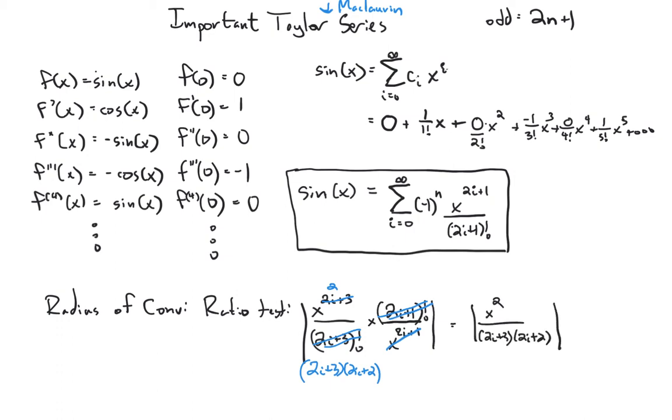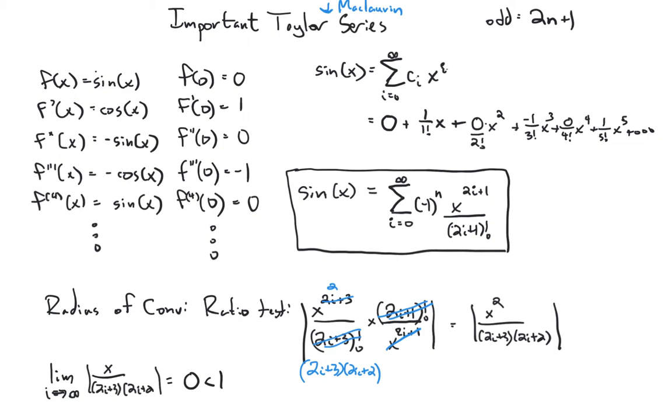And just by looking at this, there are no i's in the numerator. So the numerator is kind of fixed once you're given an x. And as i goes to infinity, the denominator grows. So we were pretty sure, in fact, we were 100% sure, that the limit of this guy is indeed 0.